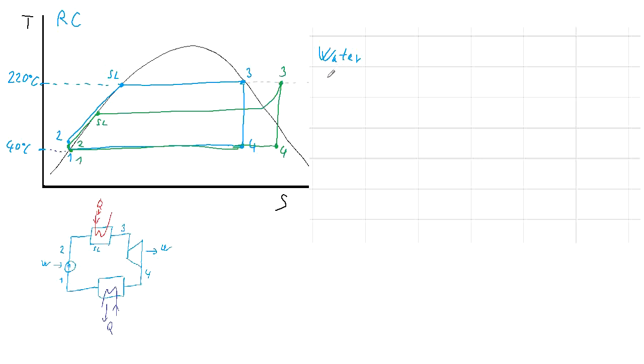And then we have the nodes 1, 2, we will also need a saturated liquid, 3 and 4.